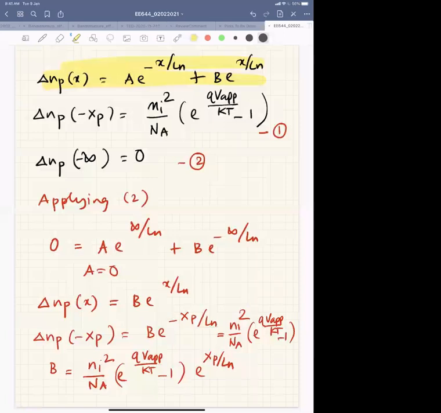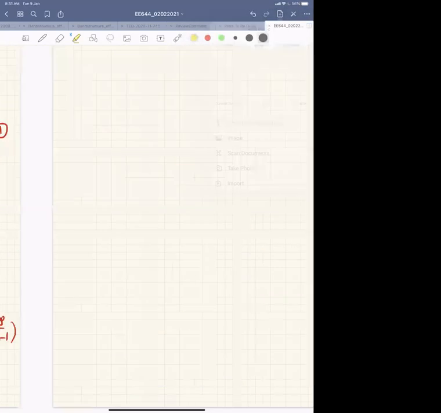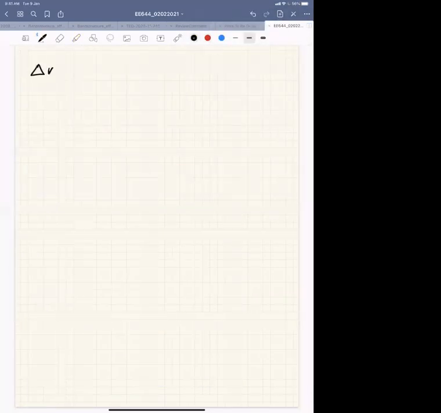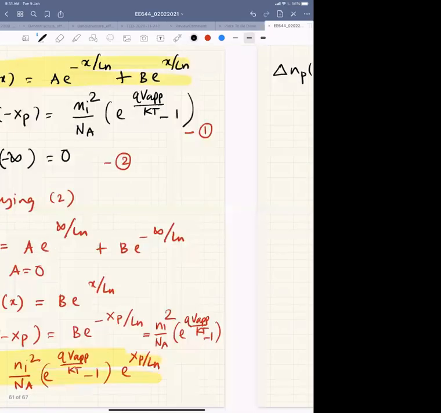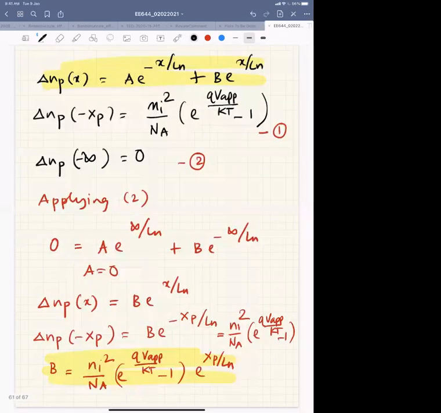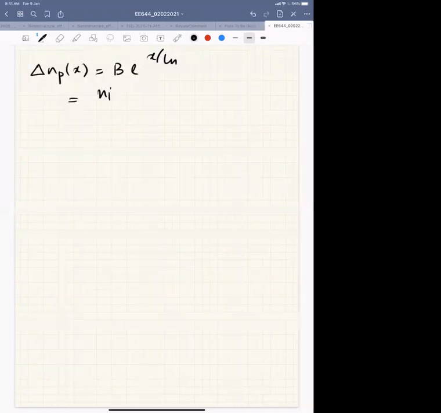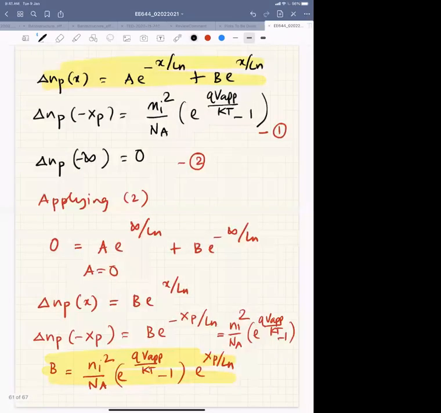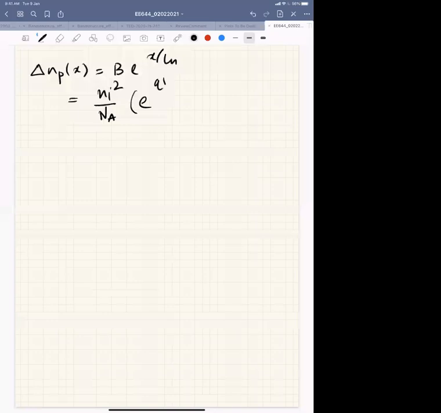So this will be my B here. Then I could write down my equation: delta np(x) is B e to the power x by Ln, so it will be ni squared by Na times e to the power qV by kT minus 1 times e to the power (x plus xp) by Ln. Okay, so this is how your delta np will change.